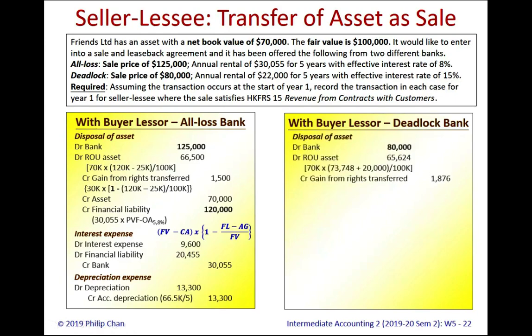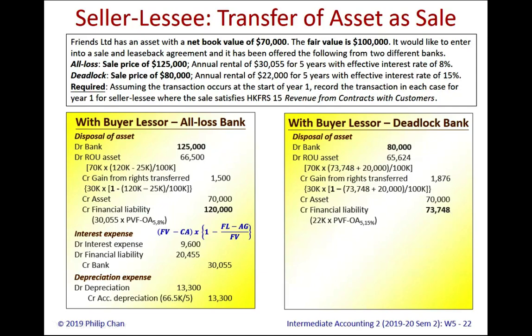Let's start with sales figures, 80. Then we remove the asset by 70 as expected, and then we work out the liability figure, which is 73,748, using 22k per year times PVFOA 5 years 15%.